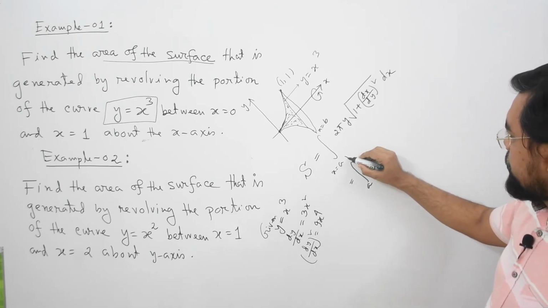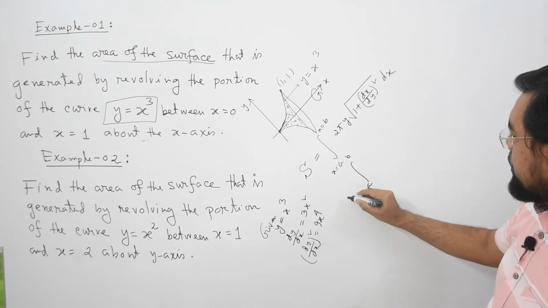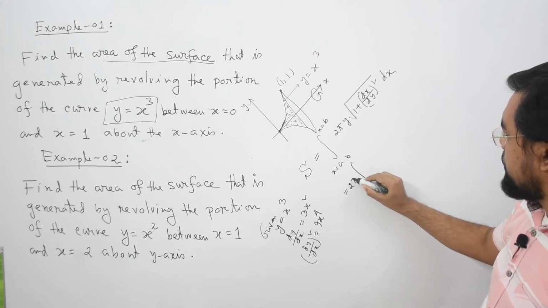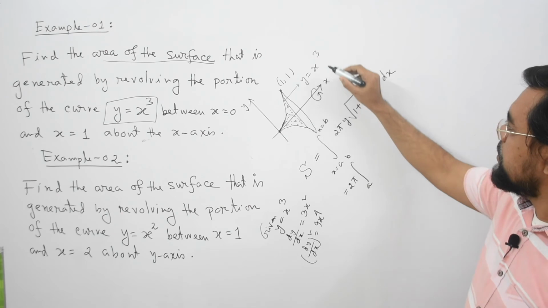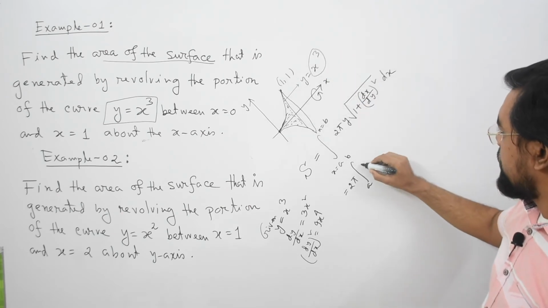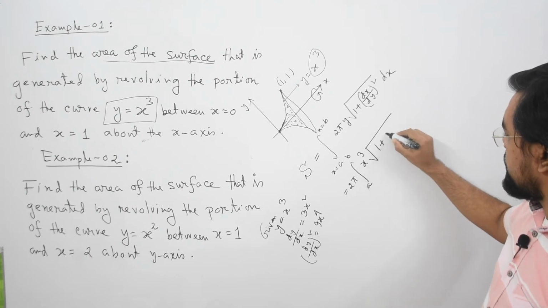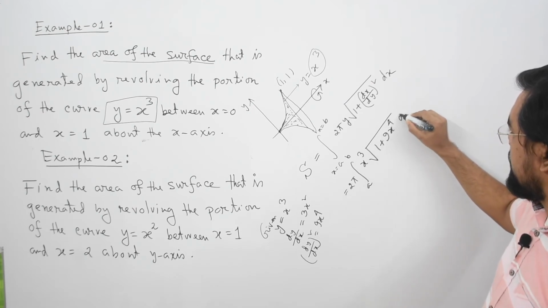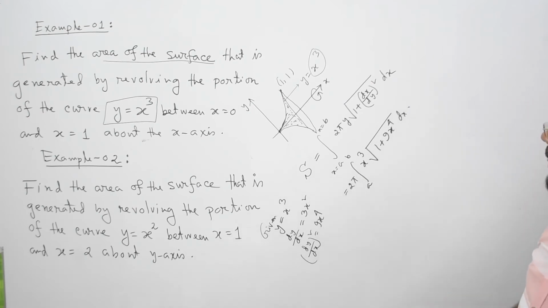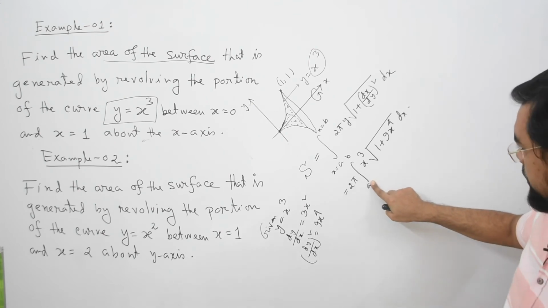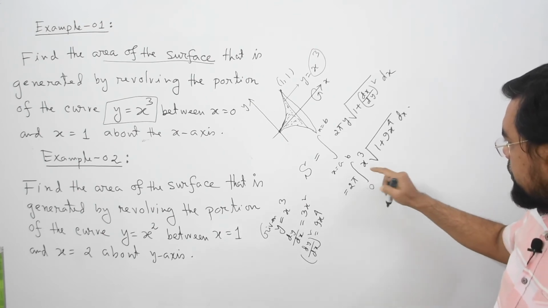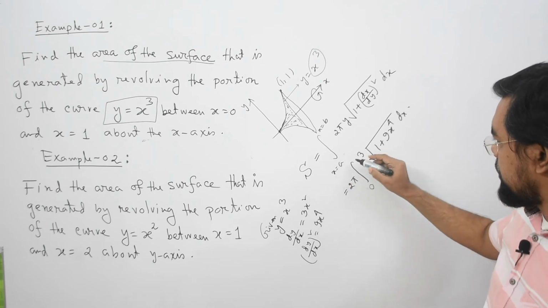So the integral from a to b of 2 pi, you can write out of the integration, and y is nothing but x cube. So x cube square root of 1 plus 9x to the power 4 dx, and a is from 0 to 1. Instead of a and b, I should write 0 to 1.